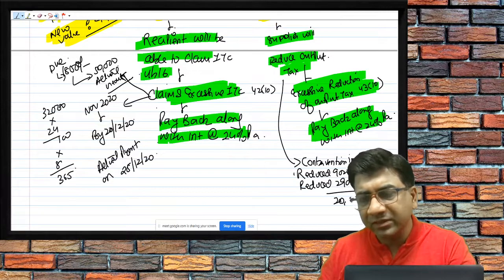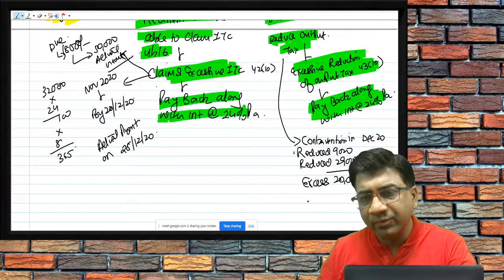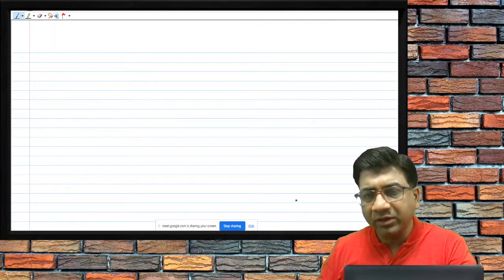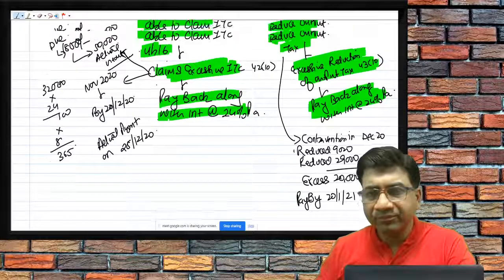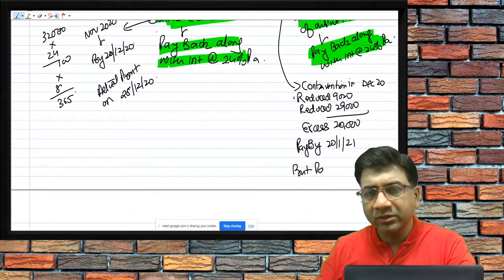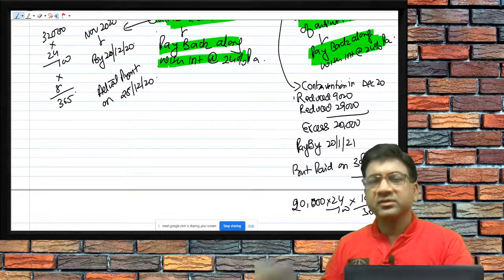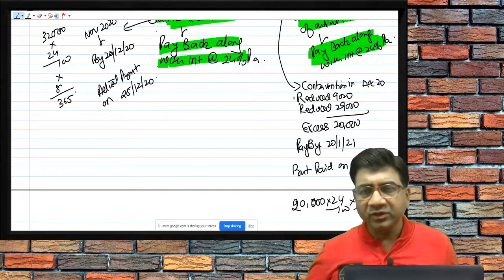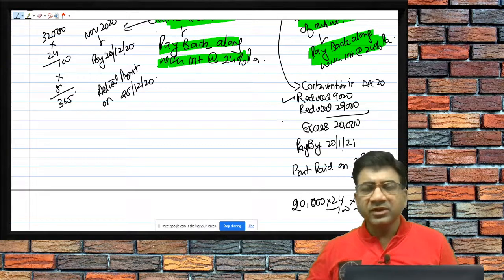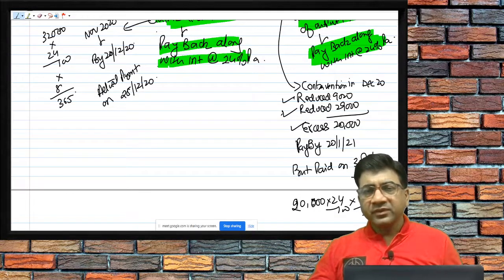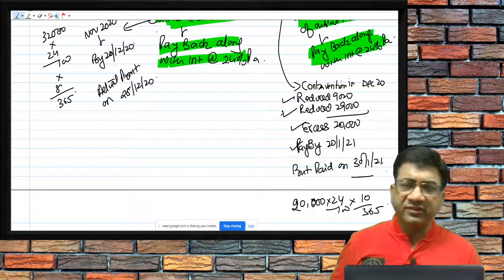So the excess of 20,000 you have to pay by 20th January 2021, but you paid on 30th January 2021. So interest is 20,000 into 24 upon 100 into 10 by 365. This is the amount of interest you need to pay.